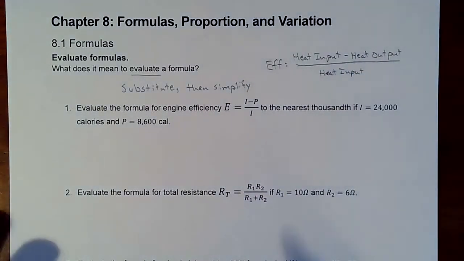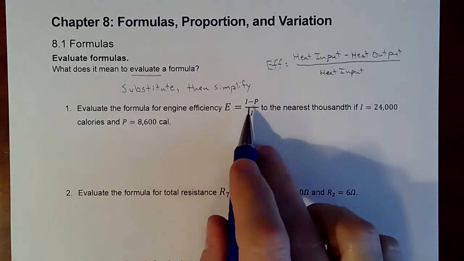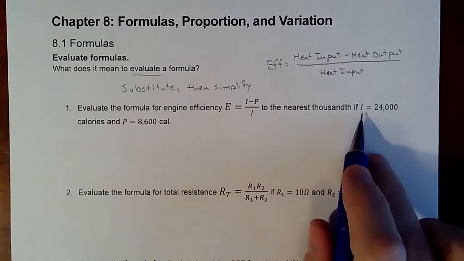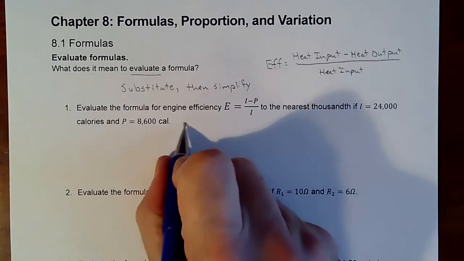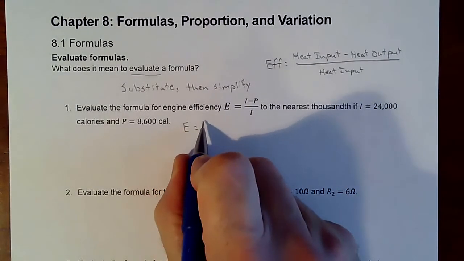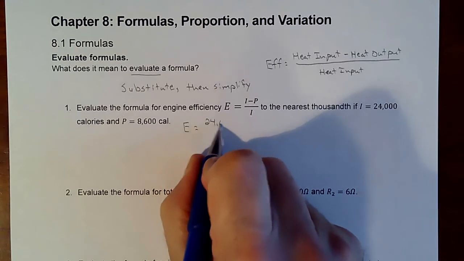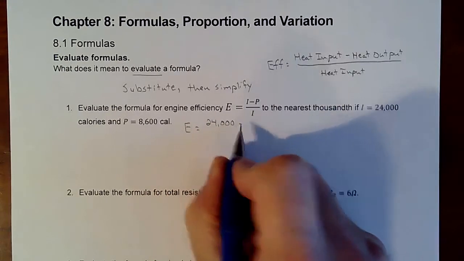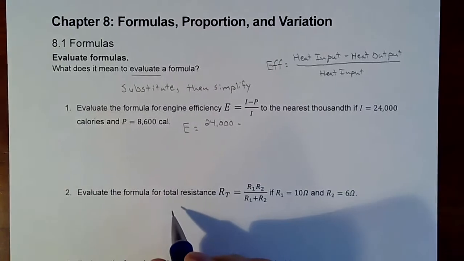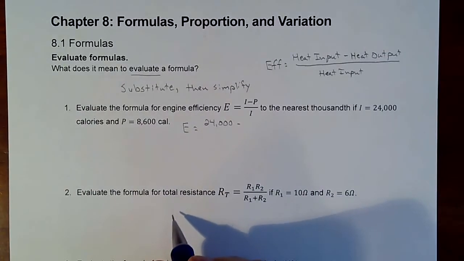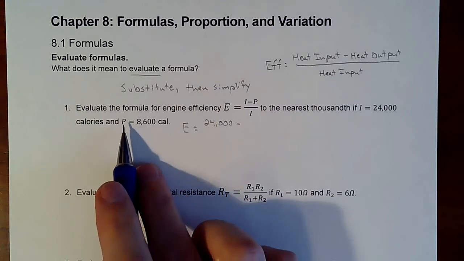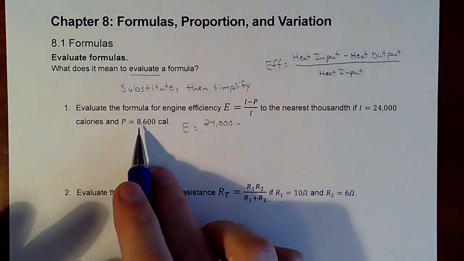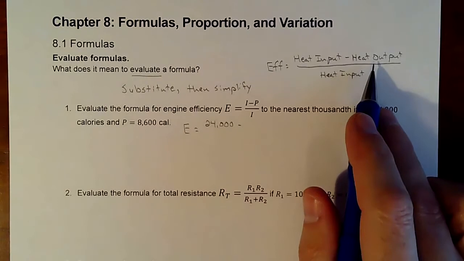So to evaluate a formula for engine efficiency, to the nearest thousandth, we have our heat input at 24,000. So our E is going to be 24,000. And we are subtracting out the P. This P again is our heat output.